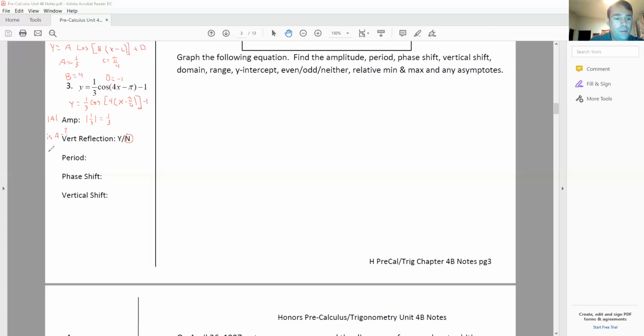Period is still going to be 2 pi divided by the absolute value of B. So 2 pi divided by the absolute value of 4. So our period length is going to be pi over 2.